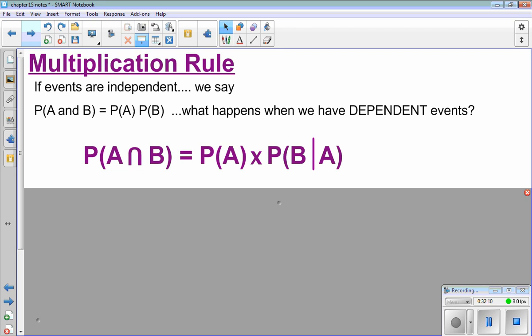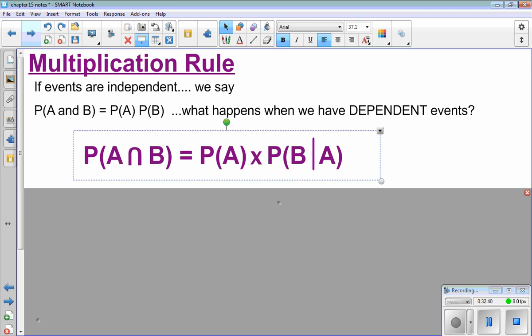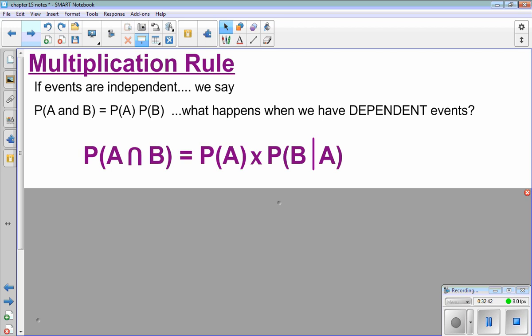If A and B are dependent, then it would be the probability of A times the probability of B given A. Okay, a little bit different. That little line between the B and the A is read "given that." So the probability of A and B equals the probability of A times the probability of B given A.